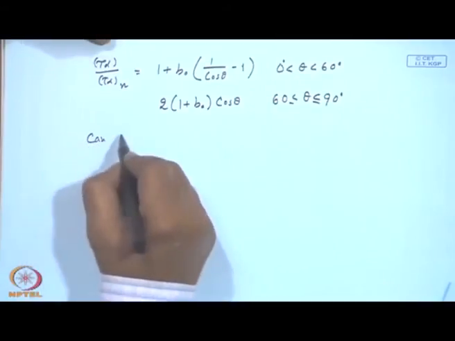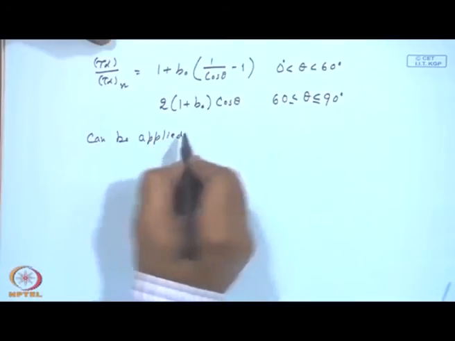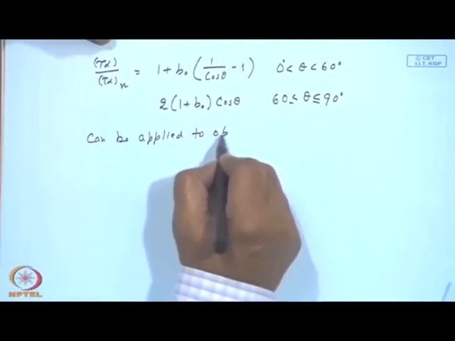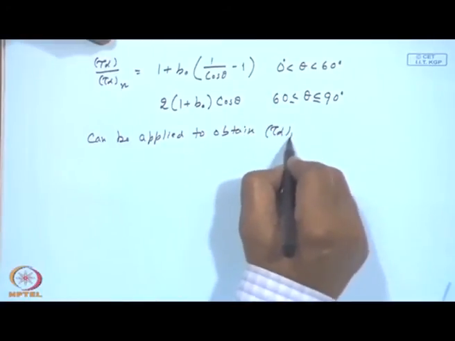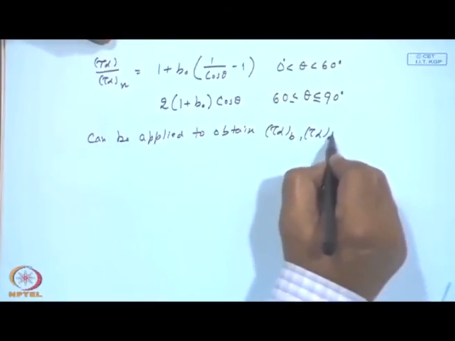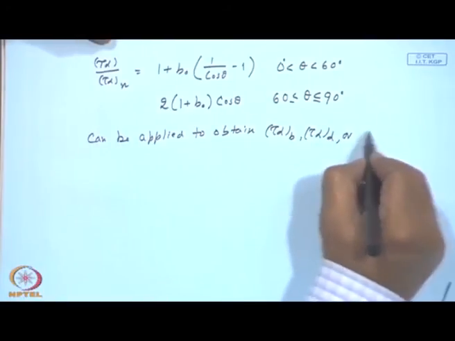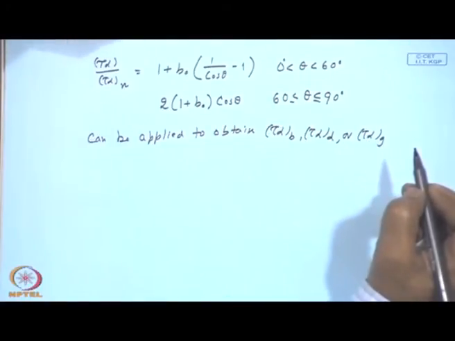can be applied to obtain tau alpha associated with the direct radiation or tau alpha associated with the sky diffuse radiation or tau alpha associated with the ground reflected radiation.